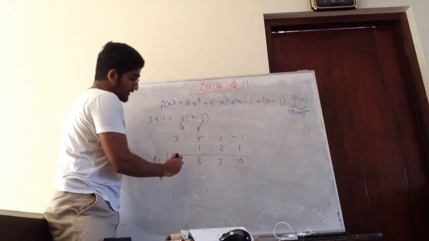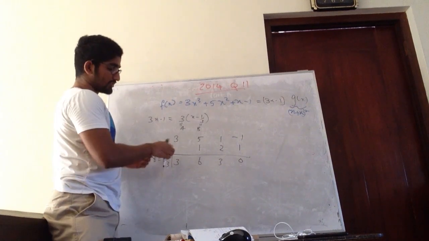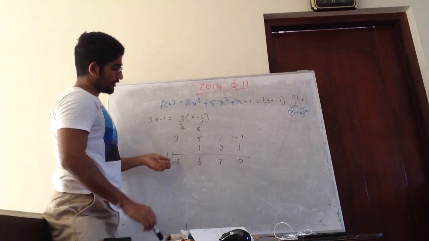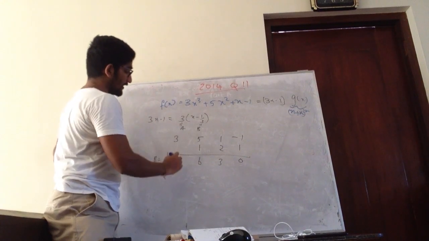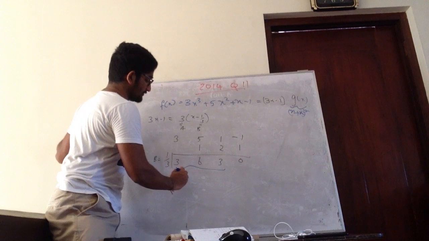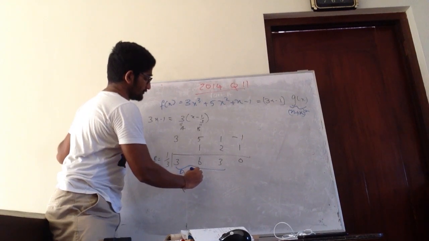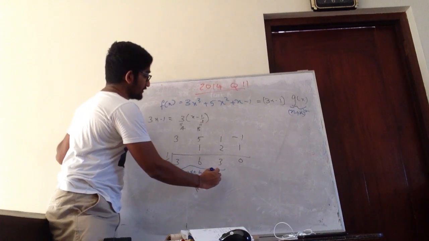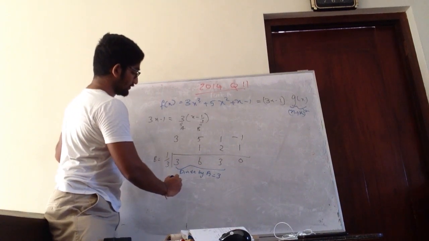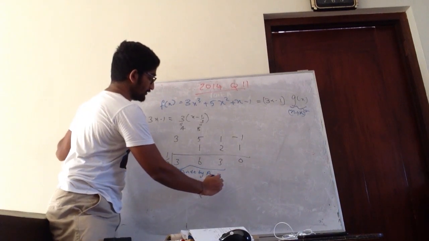Then this part you get. You have to divide this by A, that means by 3. You will get 1, 2, 3.